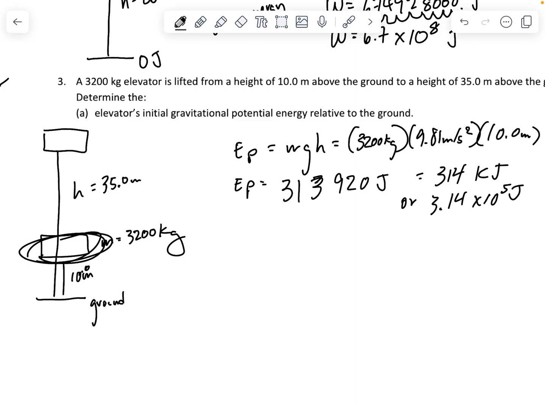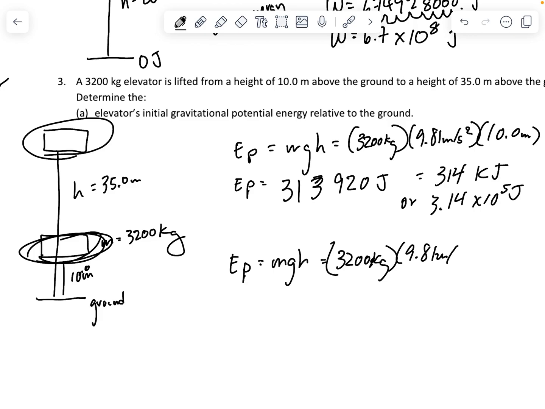Now the next question, which isn't shown here, is what's its potential up here? Well, the potential energy is mgh, and so it's still going to be 3,200 kilograms, but now it's going to be at a much higher height, 35.0 meters.